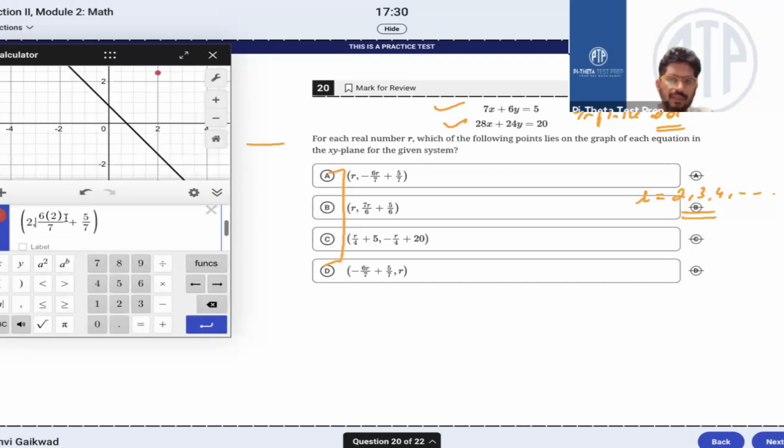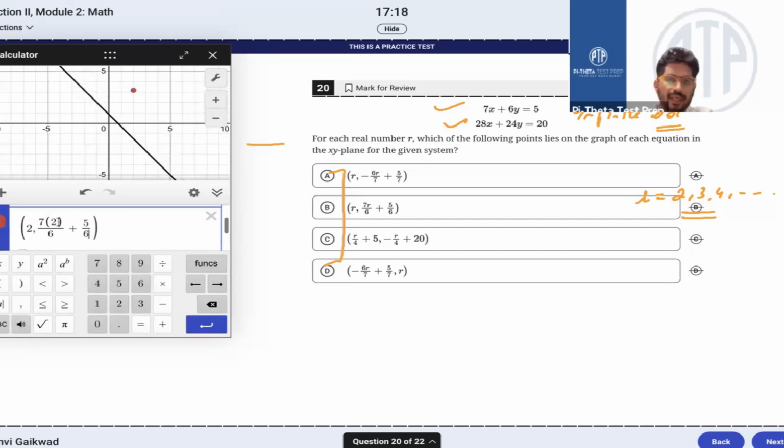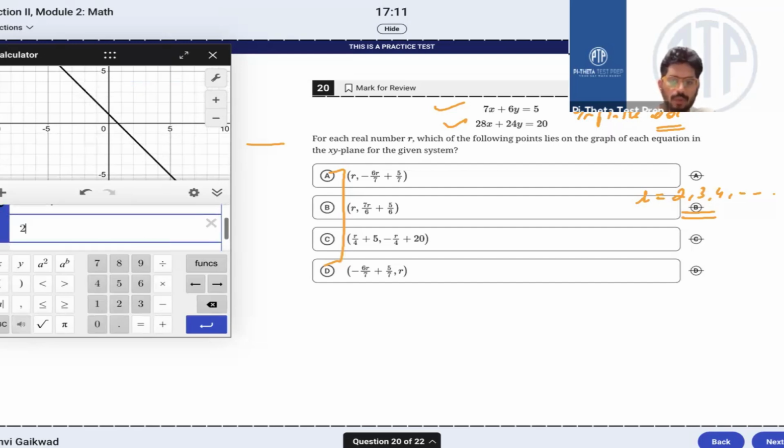Just deduct this negative sign, and we can just write 7 here. So 7r upon 6, I can say, plus 5 by 6. Whether it is going through that line, no, it's not going, right? Now we can just change this. We can just write r upon, so 2 upon 4 plus 5. Just take a bracket here.